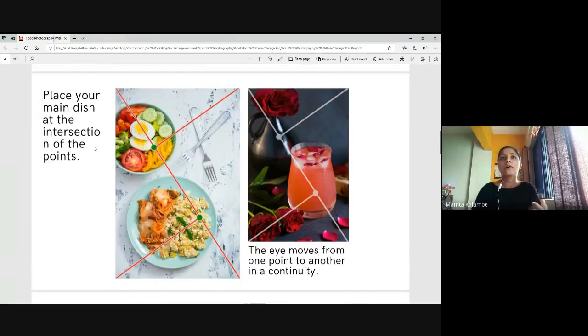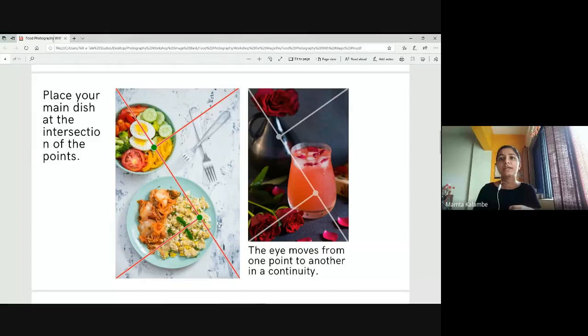Yeah, so the golden triangle is something very simple. Basically, you can see these imaginary lines. These grids are not actually there on your camera or your phone camera, but this is something that we intuitively do while we are styling something.